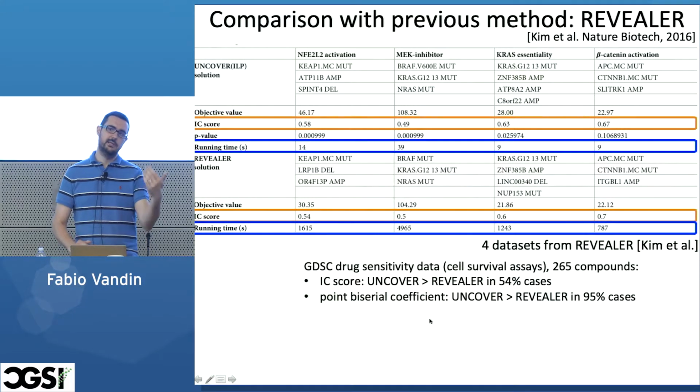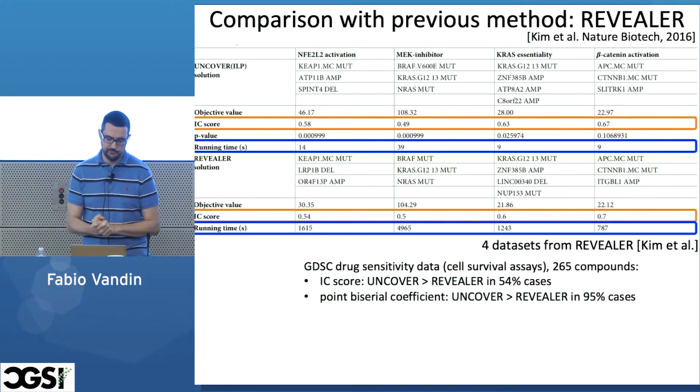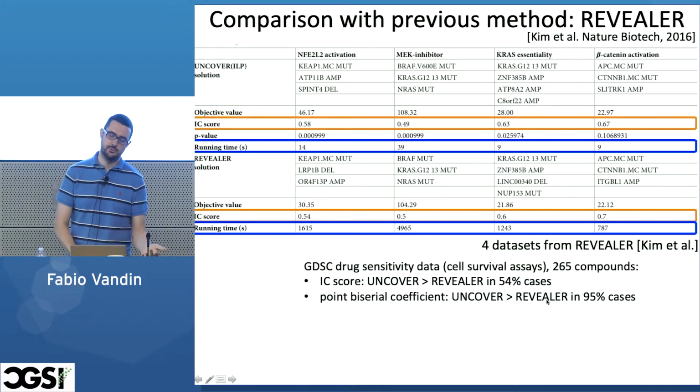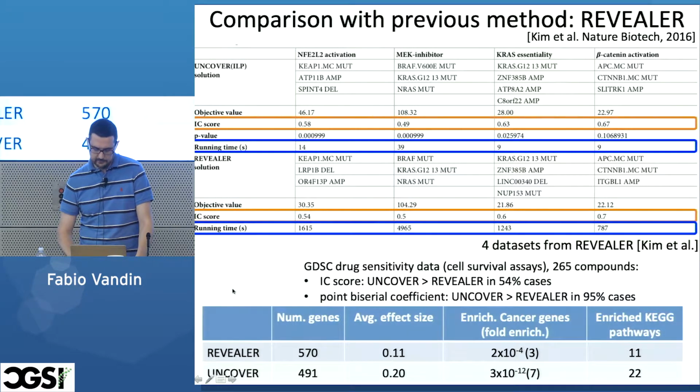And if you then take another measure of correlation between the alteration profile and the target, given by the point biserial coefficient, that is not considered by the two methods, in 95% of the cases the solutions we report are better than the solutions from Revealer. We also look at some statistics in terms of enrichment for cancer genes of the solutions reported by the two methods.